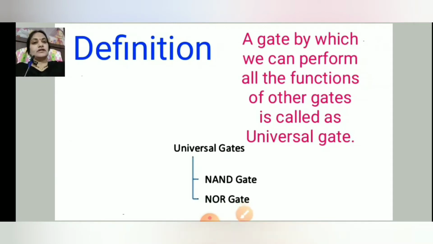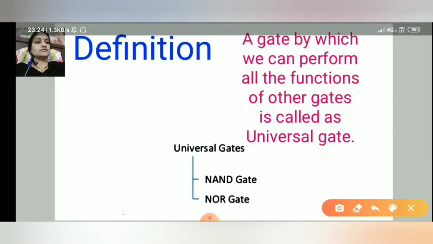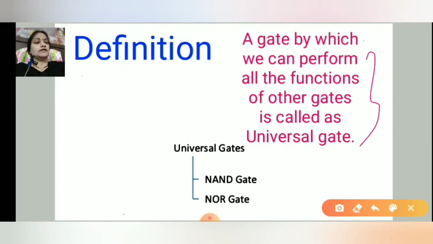First of all, let me define the universal gate. Okay, this is the definition. A gate by which we can perform all the functions of other gates is called as universal gates. Actually, what do you mean by universal gate?